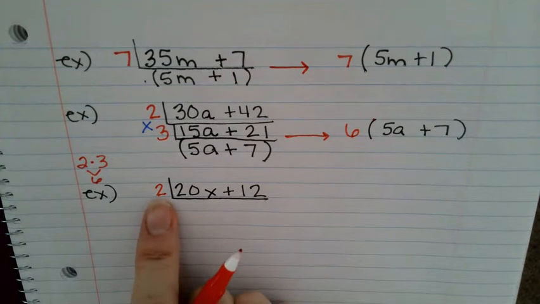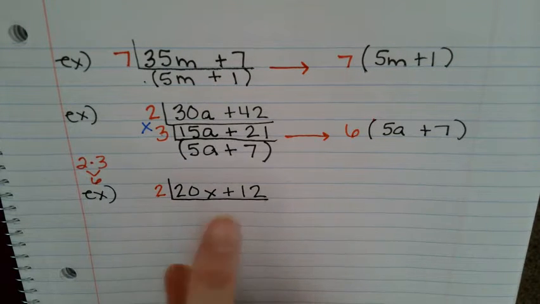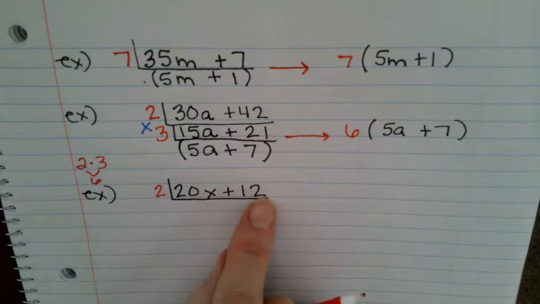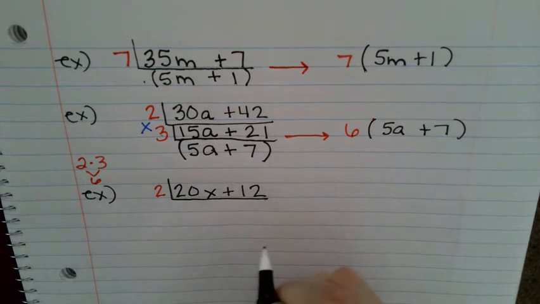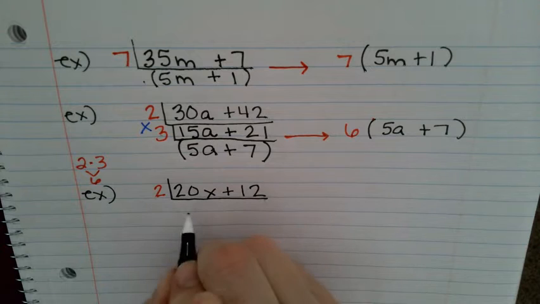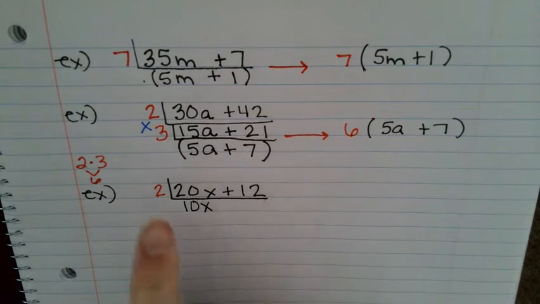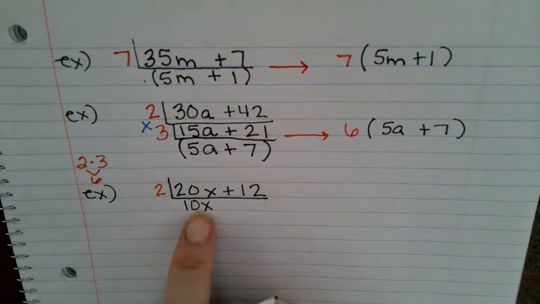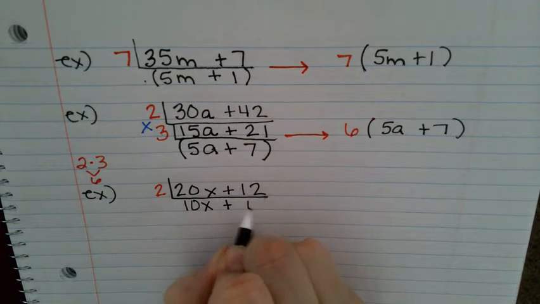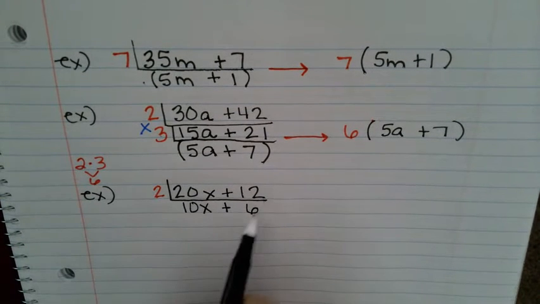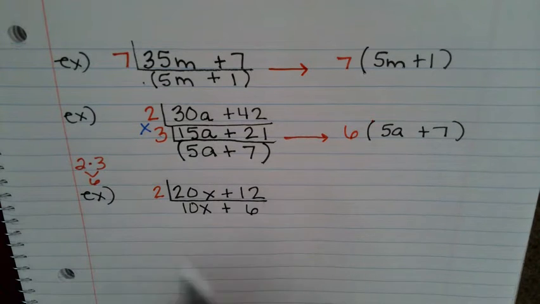When I say I'm pulling out a 2, it means I'm factoring, because I'm taking out things that they have in common. Half of 20x, or 20x divided by 2, would be 10x. Because if I have two groups of 10x, I have 20x. Same thing here, I get 6, because 12 divided by 2 is 6, or two groups of 6 is 12.